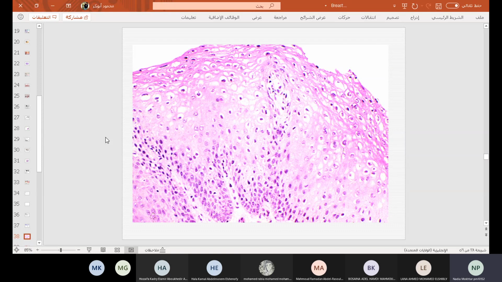But here it is restricted to the upper third of the thickness of the epithelium, and thus this is cervical intraepithelial neoplasia grade 1. Next.